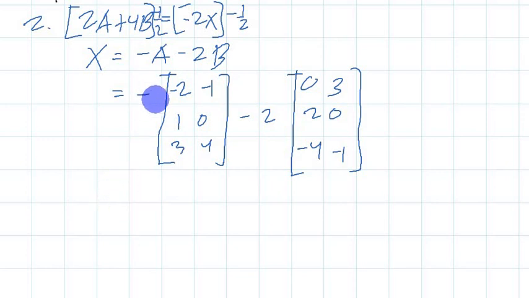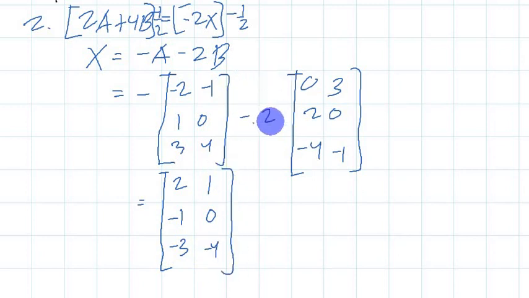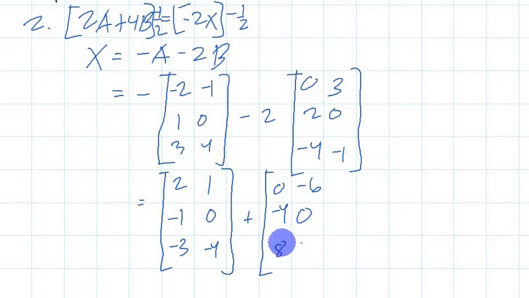So, we're going to have first negative 1 multiplied to this matrix, which would lead us to have 2, 1, negative 1, 0, negative 3, negative 4. This becomes a plus negative 2. So, I'm going to have plus, then 0, negative 6, negative 4, 0, 8, and 2.